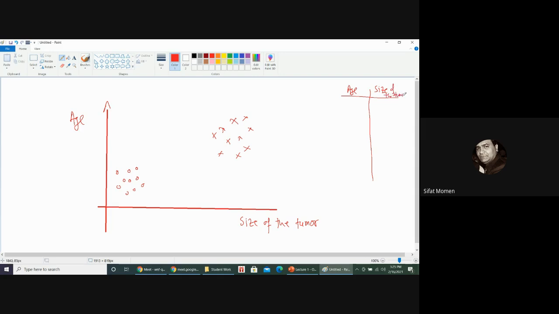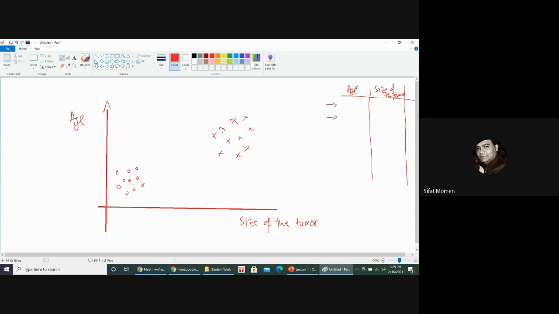Now this is what you have. Now imagine for each of these, let's say age this much, size this much, for every sample, for every instance, the doctor correctly diagnosed whether this tumor is actually benign or malignant. Is that okay?